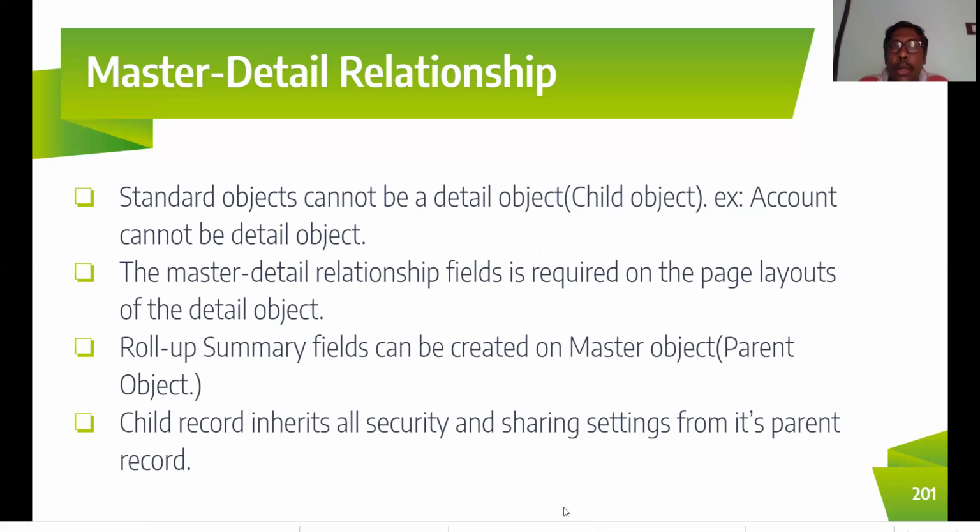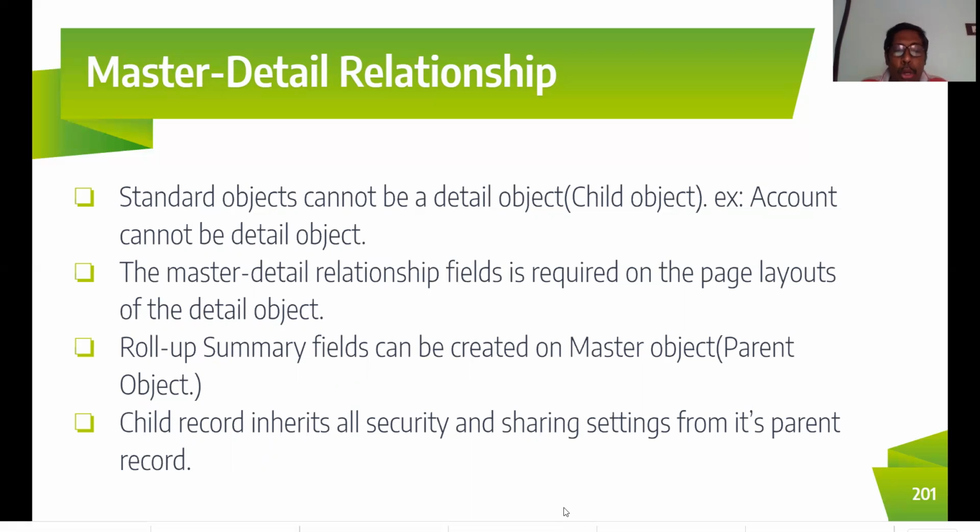When you create a relationship between two objects, say account and customer, account is going to be a standard object and customer is going to be a custom object, right? Now you're going to create a master detail relationship. Say you're creating a relationship between customer and account.